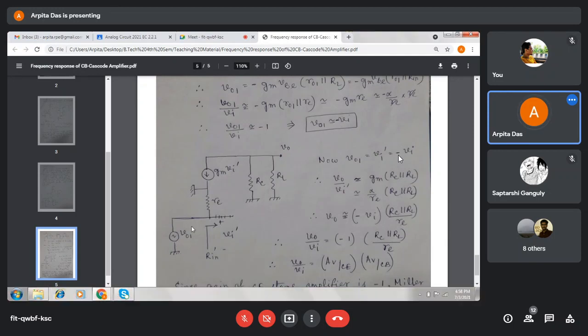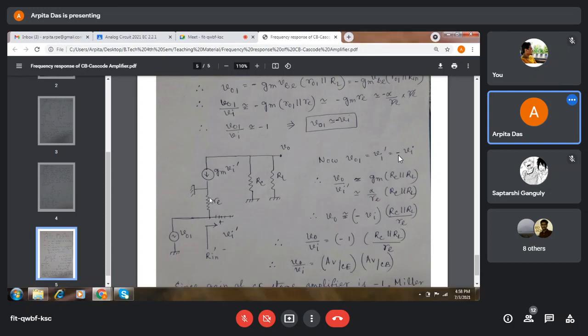So VO1 is now the source signal of this CB stage or second stage amplifier. And in case of the second stage amplifier, since it is a CB stage amplifier, we again consider the T model, and this is like this.